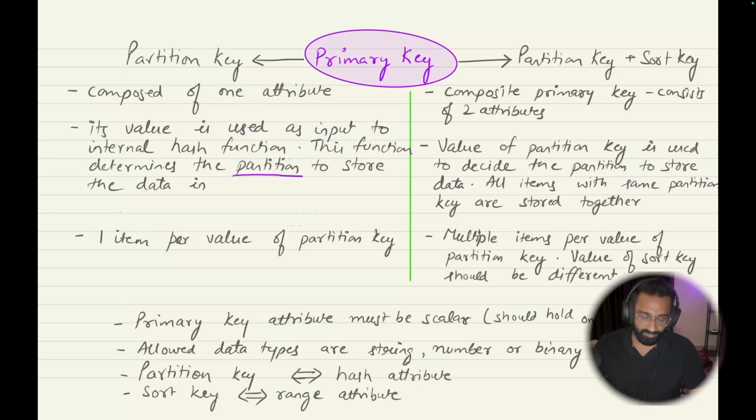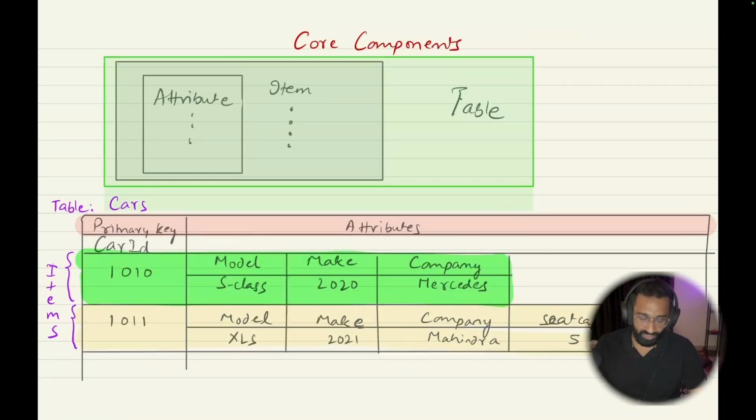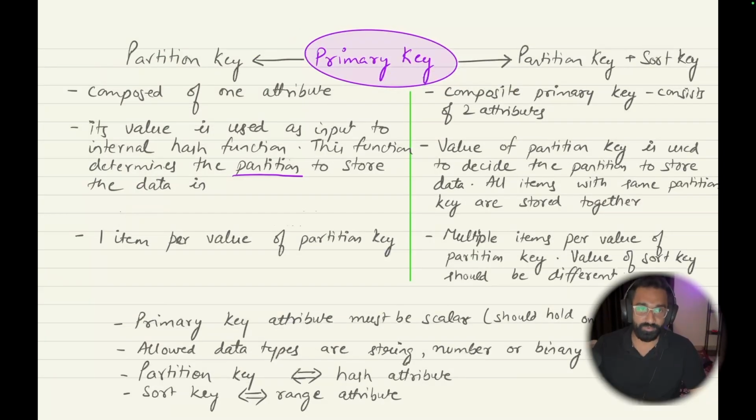Like in this table, the car ID was your primary key, and it would be your partition key as well. Its value is used as an input to an internal hash function that decides where this particular item should be stored. And in this case, one item per value of partition key will be valid in your table.